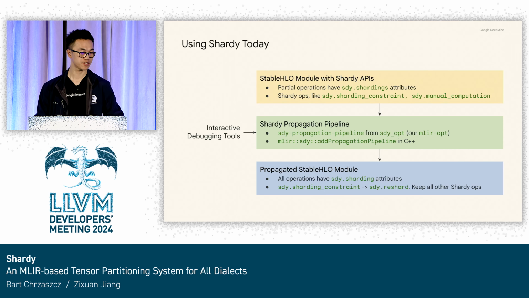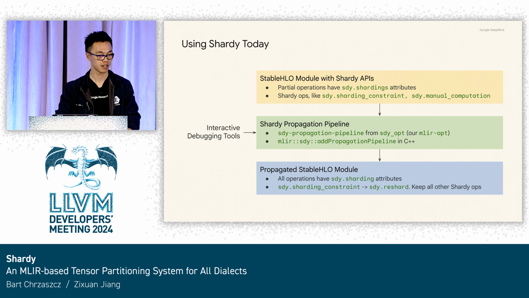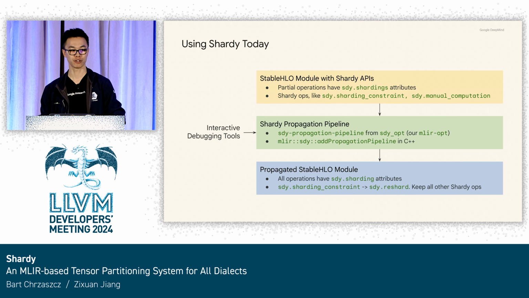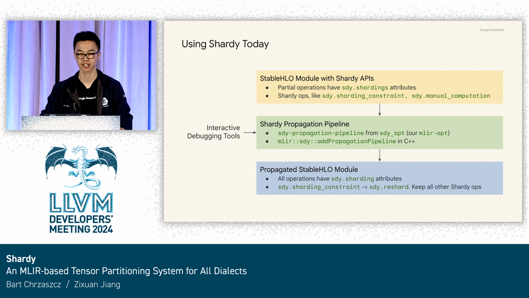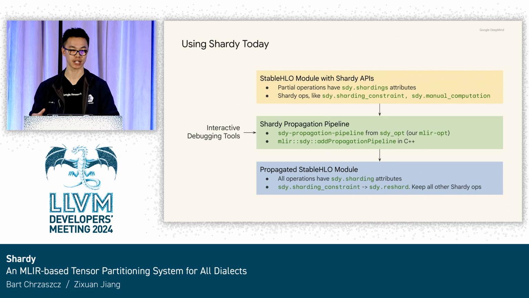In the final section, we discuss how you can experience Shardy today. At this stage, Shardy depends on StableHLO. Users can specify a StableHLO module as an input with partial sharding annotations. Users can specify the partial annotations using the APIs we discussed above, or using specific APIs to demonstrate how they would like to partition several ops.